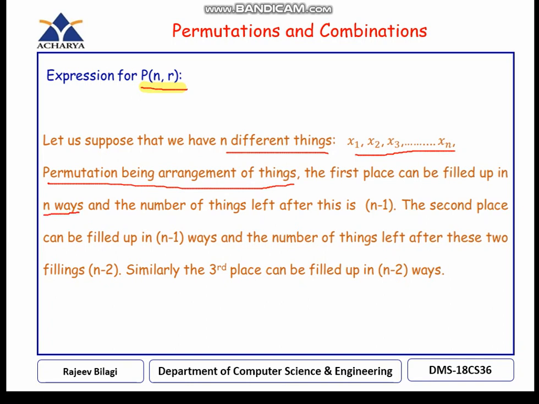Leaving one thing, the second place can be filled in n minus 1 ways. The number of things left after these two will be n minus 2 ways. Similarly, the first place is n, the second is n minus 1, the third is n minus 2. Like this you can fill all the different places.